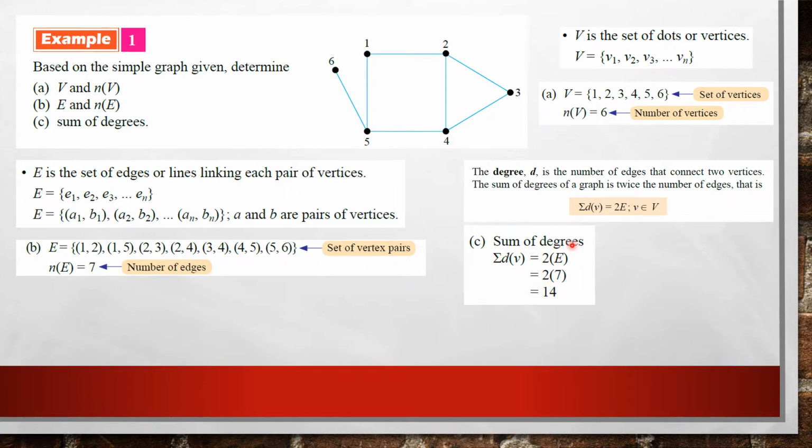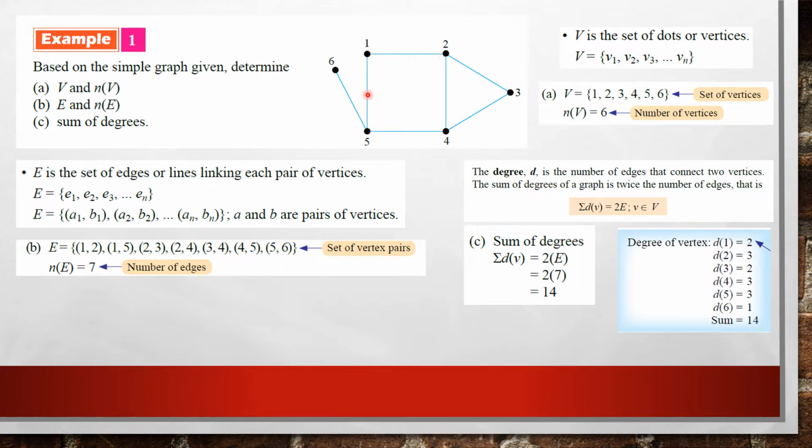Or another way, you can calculate one by one. You can calculate the degree for each vertex. So here you look at the degree of vertex 1. From here we can look at how many lines are coming out from this dot, vertex 1.